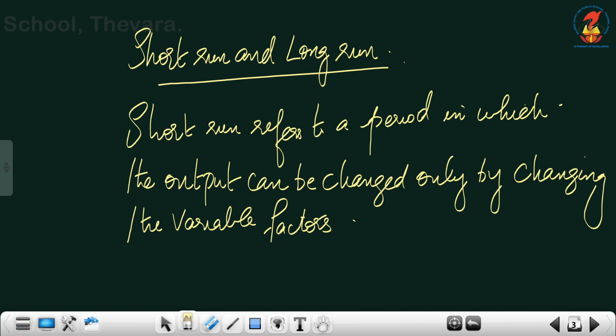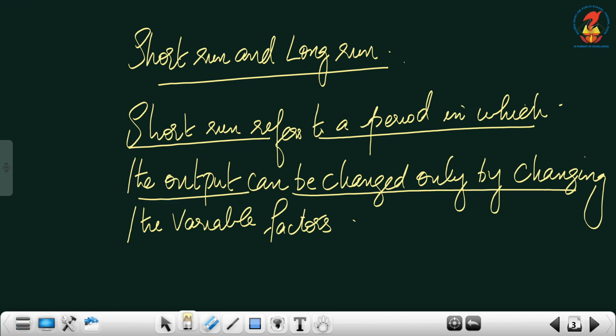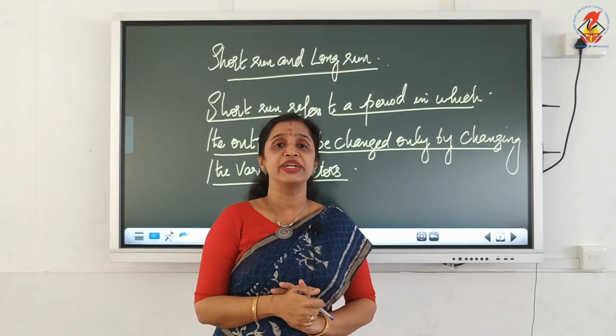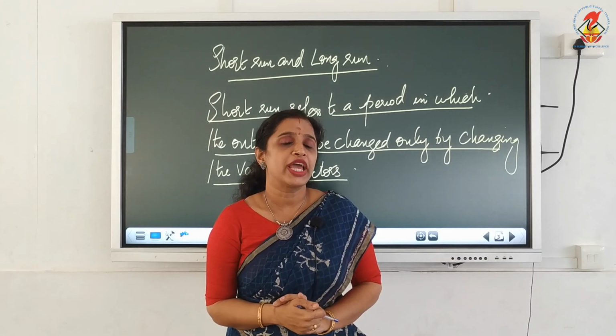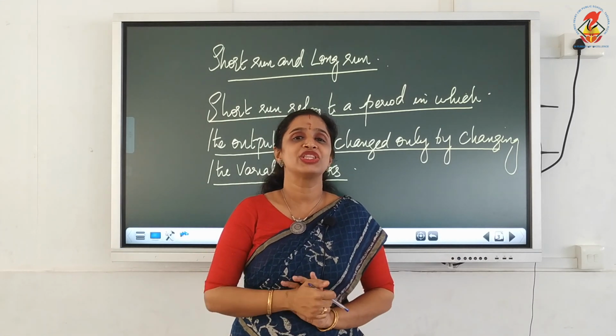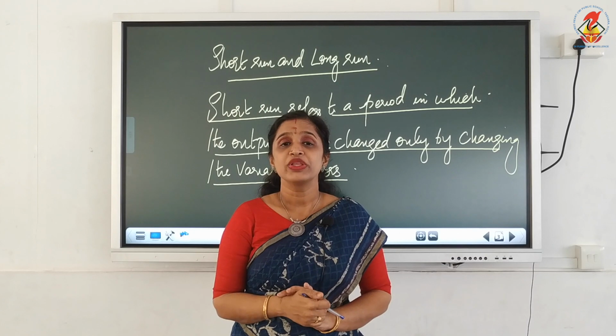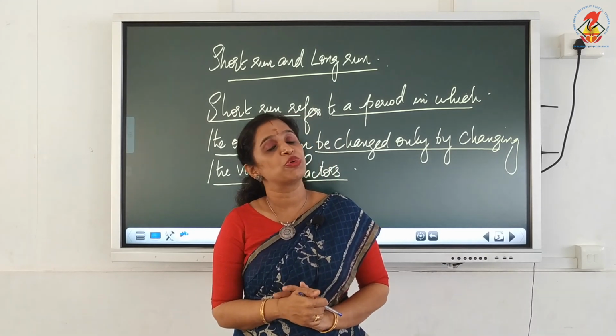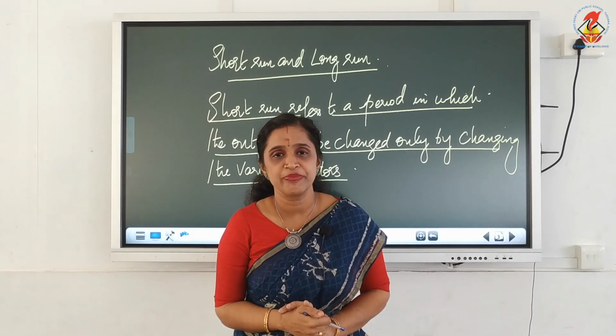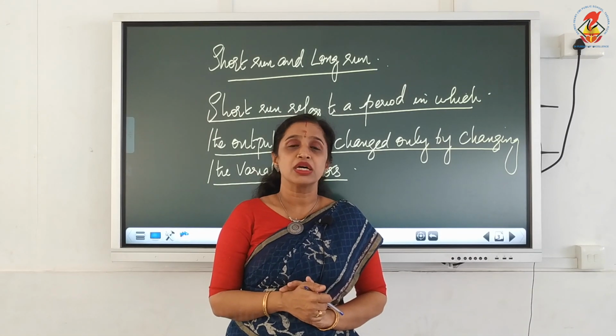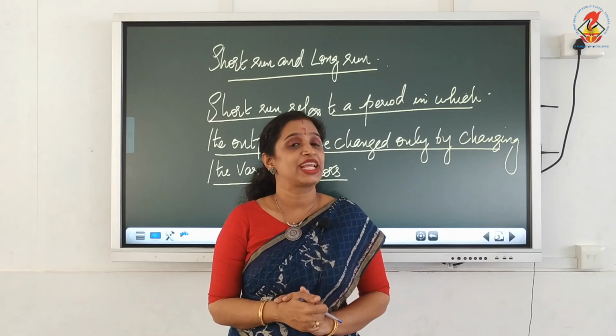What is this short run and long run? Short run refers to a period in which the output can be changed only by changing the variable factors. A particular firm exists for producing goods and services, and there will always be changes in the output it has to produce.